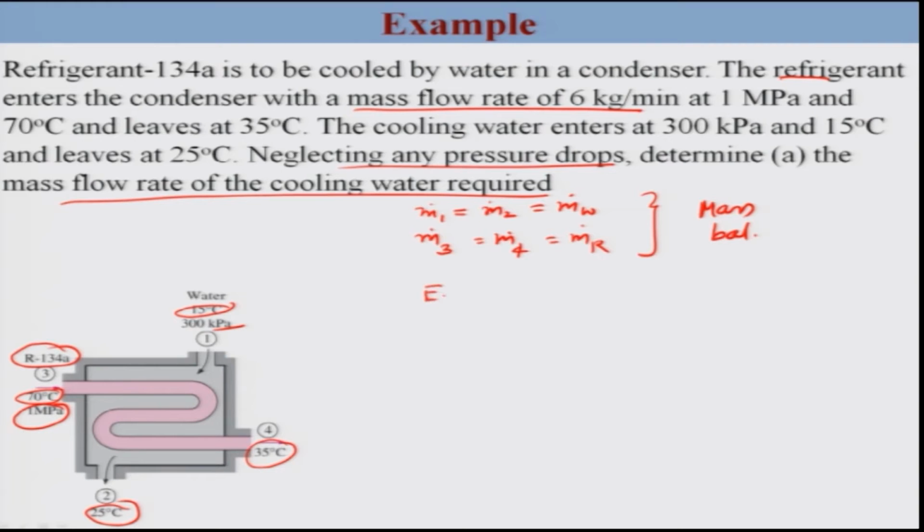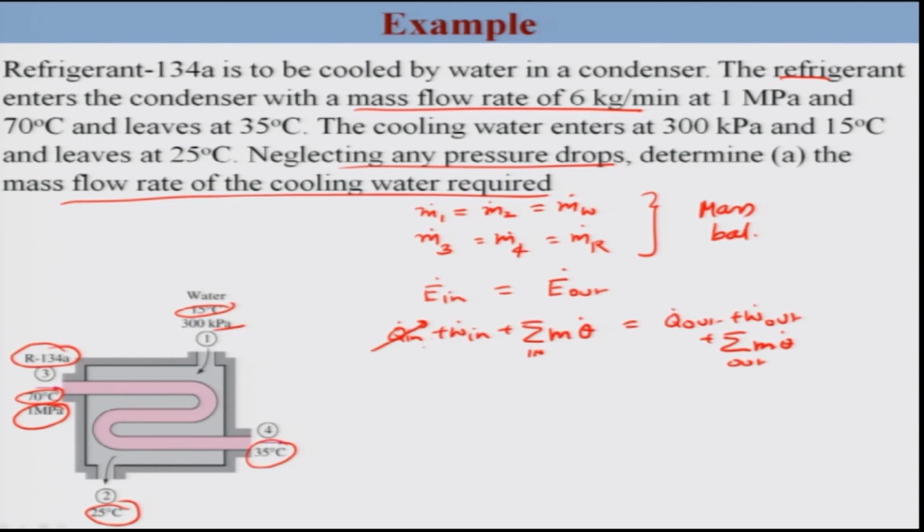Now we can write your energy balance, and considering it is a steady flow device, we can write this simply as E in dot equal to E out dot. Or in other words, Q in plus W in for the inlet streams is equal to Q out plus W out for the outlet.